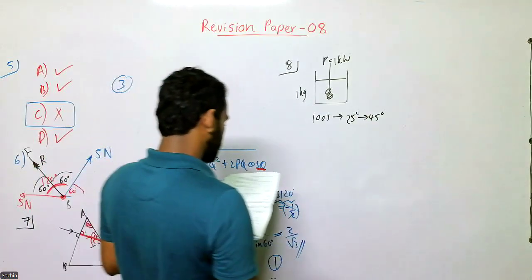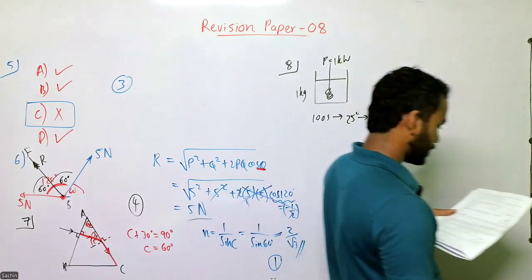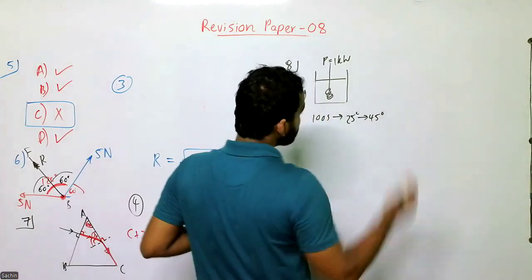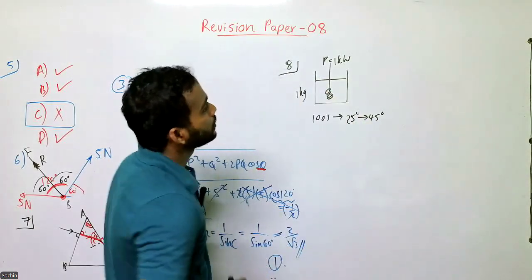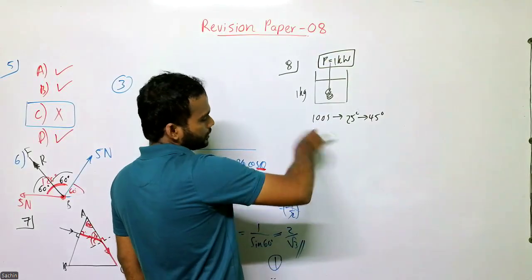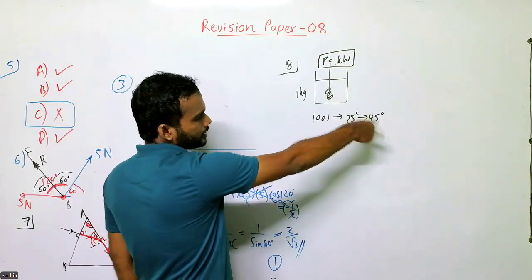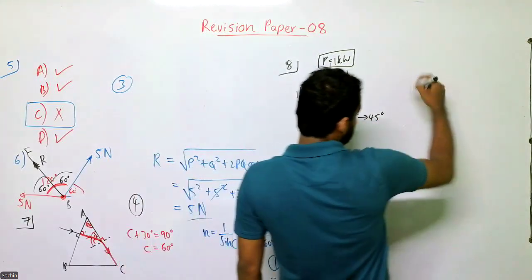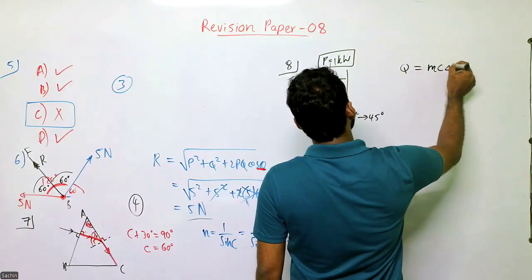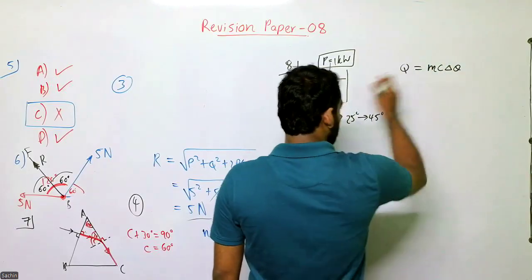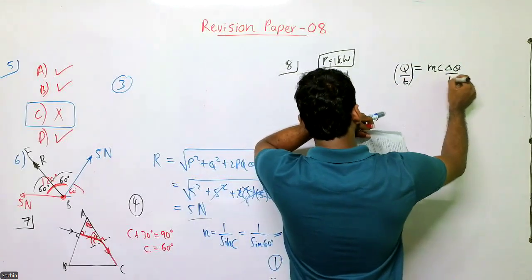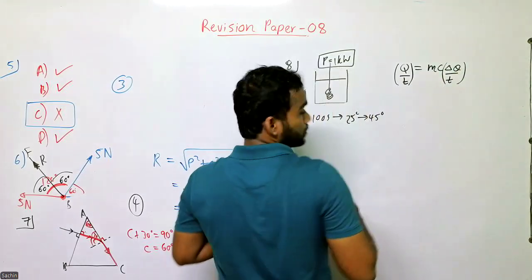The rate of losing heat to the surrounding is what we need. The power of the heater is given, and they have given the temperature rise within this time, so we can calculate the heat consumed. Because if there is a temperature difference, the heat can be calculated using this equation, but in this case I want the rate, so I'm dividing it by time.